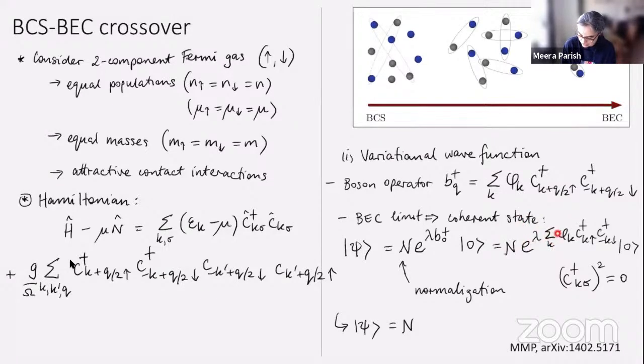Remember, the exponential of a sum I can just take out as a product. And I can expand this exponential here, and I only have to go to first order because, as I mentioned, all higher-order terms will be zero because of fermionic statistics. So I have this situation here.